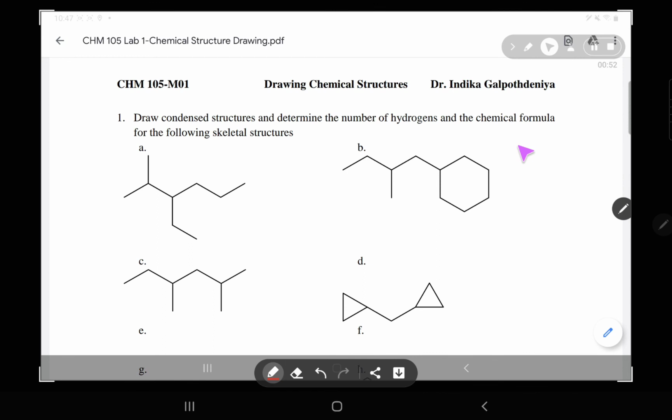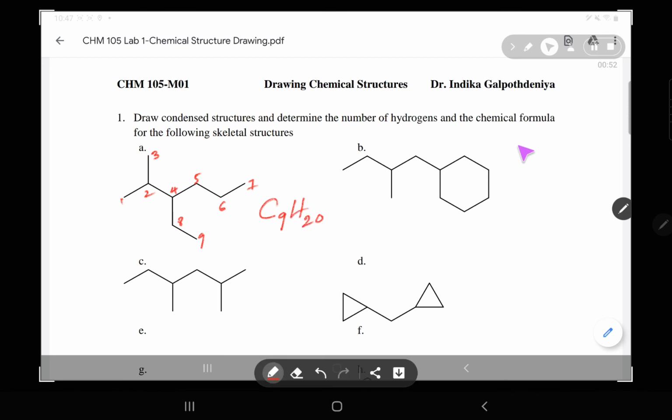In here, you will count the number of carbons: 1, 2, 3, 4, 5, 6, 7, 8, 9. So we have 9 carbons. For 9 carbons, the maximum number of hydrogens is 9 times 2 plus 2, which is 20.